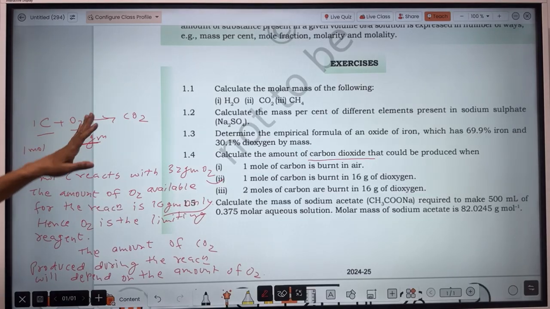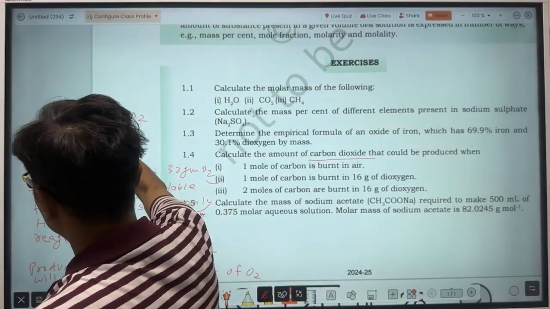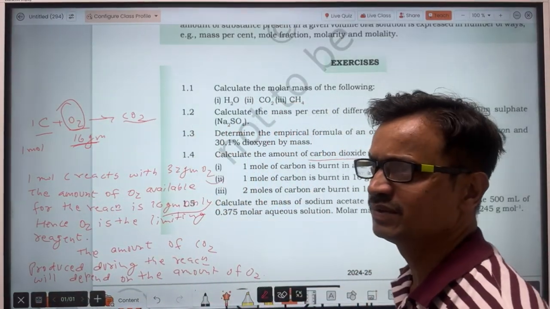Now let's see how much CO2 is produced during the reaction. 32 gram of oxygen produces 44 gram of CO2, that is 1 mole.